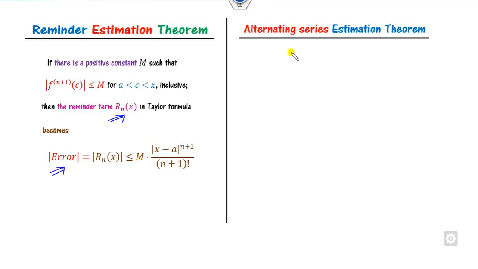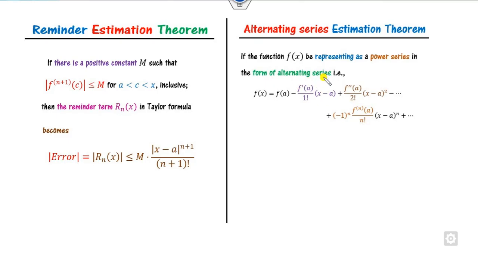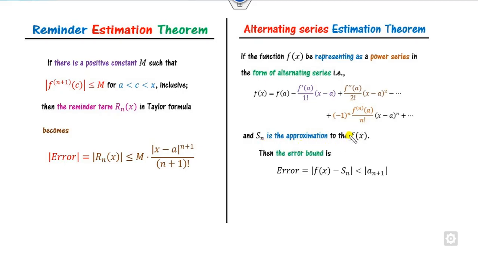On the other hand, what is the alternating series test? If you have the power series or the Taylor series in alternating form, where the first term is positive, the second is negative, the third is positive, negative, and so on, then only is the alternating series estimation applicable. If I consider Sn as the approximation to f of x, then the error is less than the absolute value of a n plus 1. What is a n plus 1?